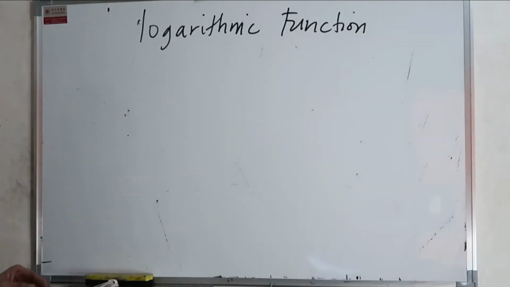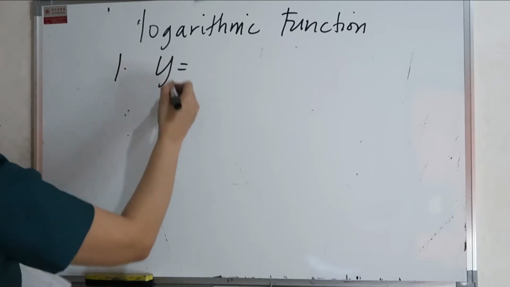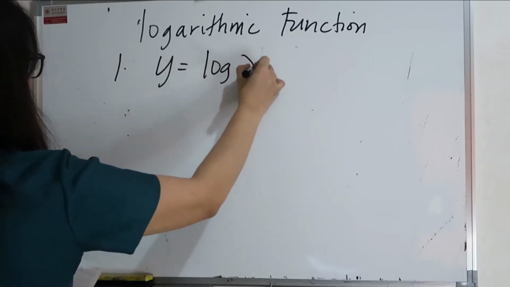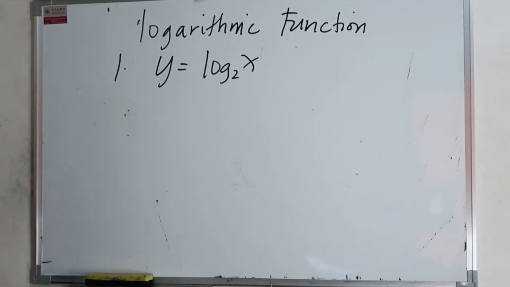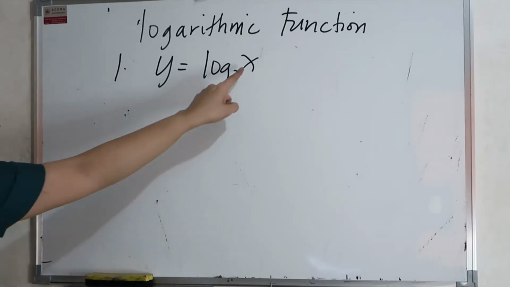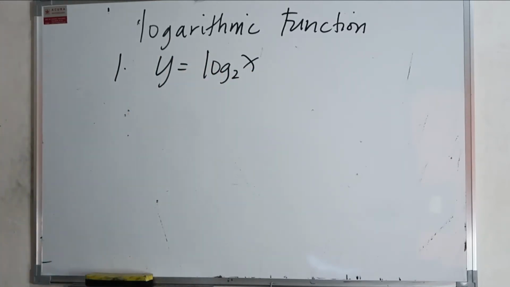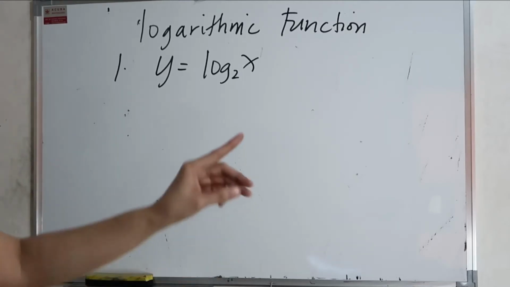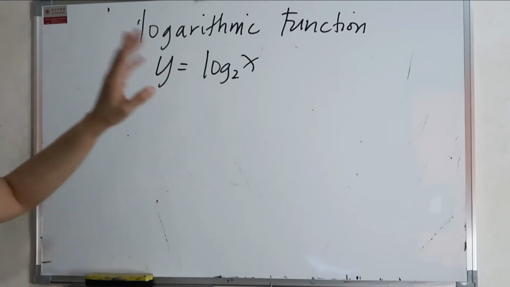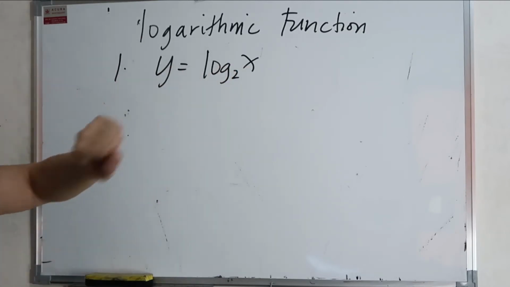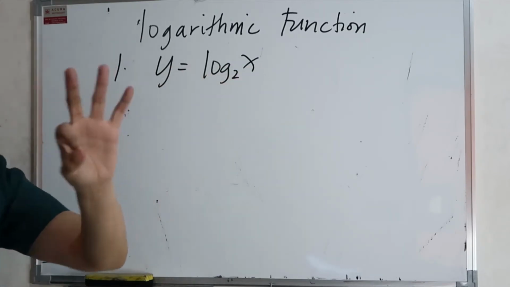Let's start with the first example: y equals log x with a base 2. How do we do that? First, we need to equate x to 3 numbers.